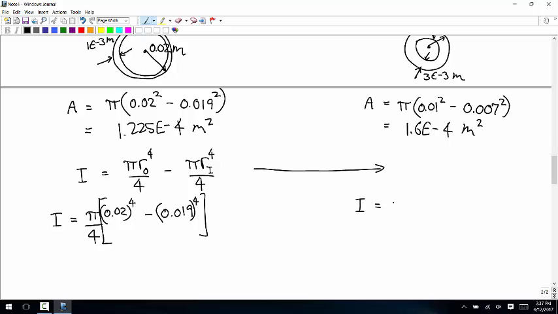And for this one, you have pi over 4 times 0.01 to the fourth minus 0.007 to the fourth. You see what I'm doing on that? And so what do you get for this one?